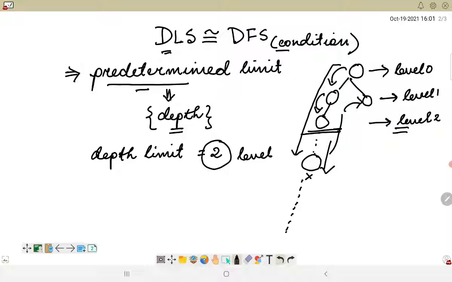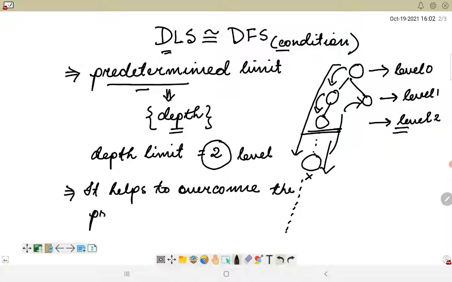We have also discussed that it helps to overcome the problem of infinite path in DFS or infinite nodes in DFS. So this is slightly more advanced than DFS because it will not get stuck in an infinite path.